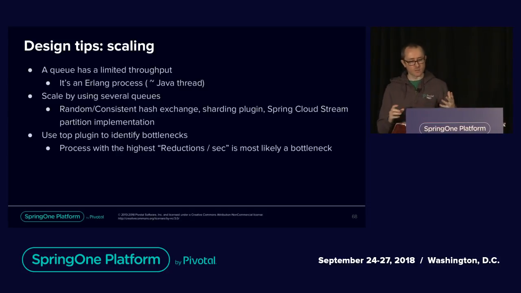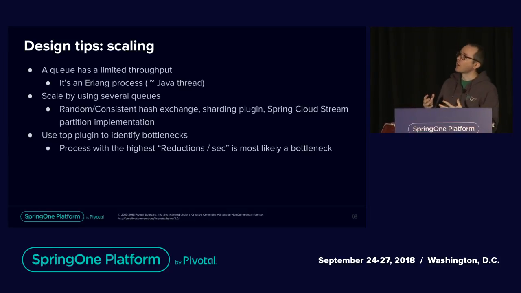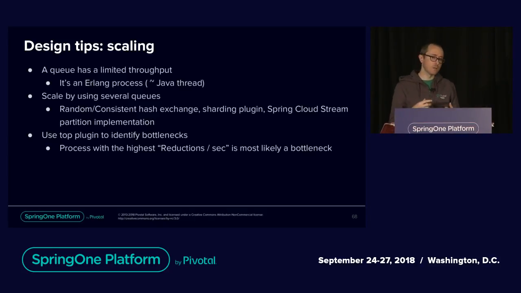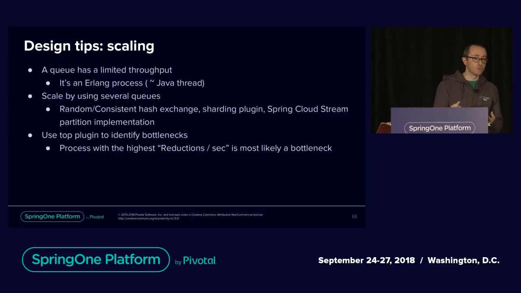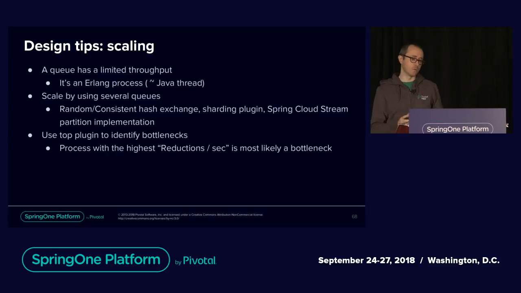An Erlang process is a very lightweight thread, and one Erlang process will typically be handled by 1 CPU. Okay? So if you have just a few queues in your cluster, maybe you are not using all the CPUs on your server.